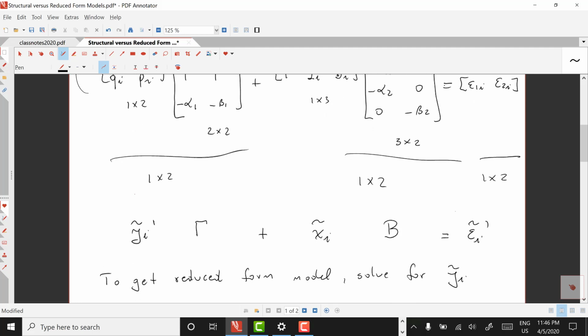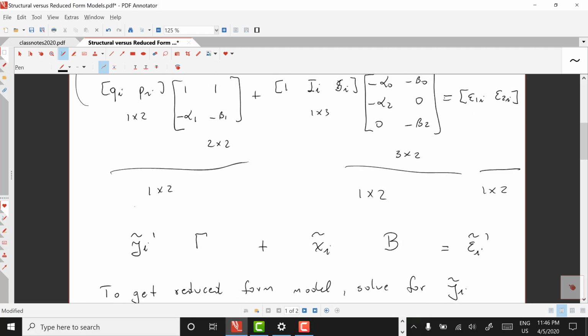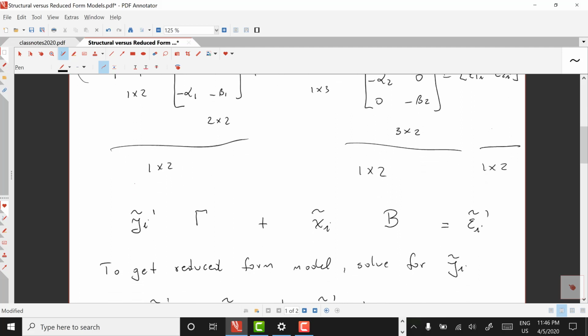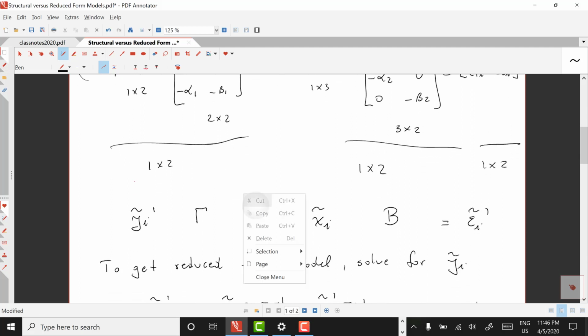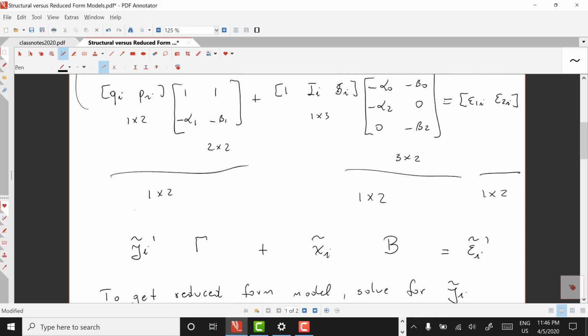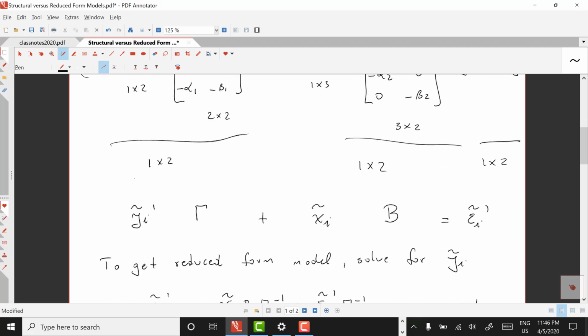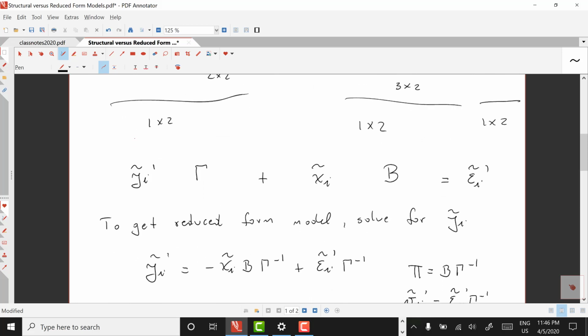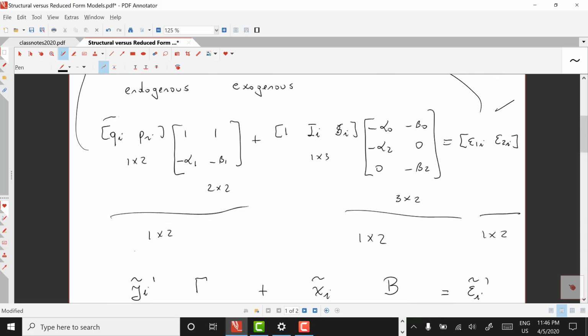So I end up with, again, this vector of coefficients, which I call yi tilde hat. Okay, so let me see if I can write it here. So this is what I'm going to call later on yi hat prime.